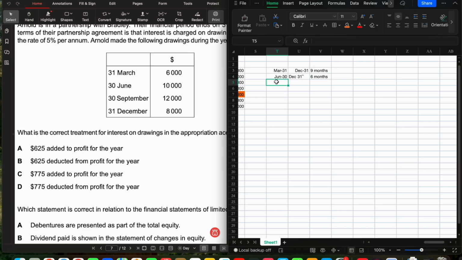Okay, and then from 30th September to 31st December is 3 months. Okay, and the last one is 31st December to 31st December, which is 0 months.